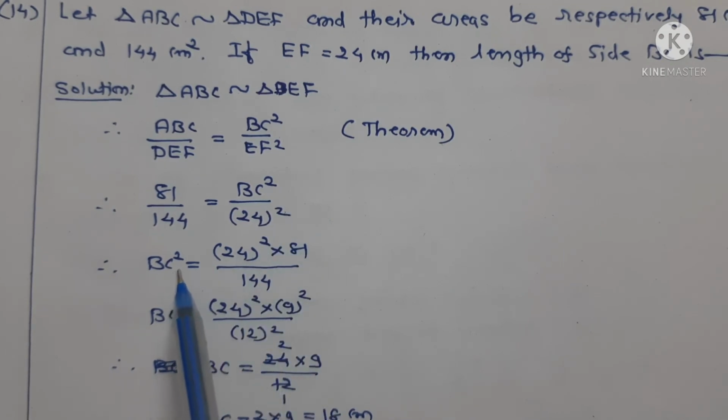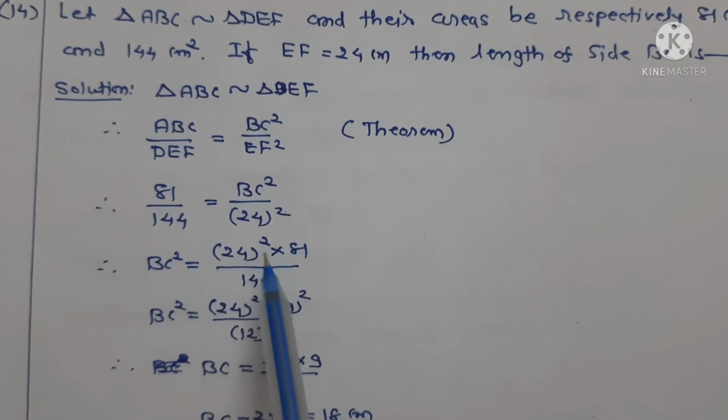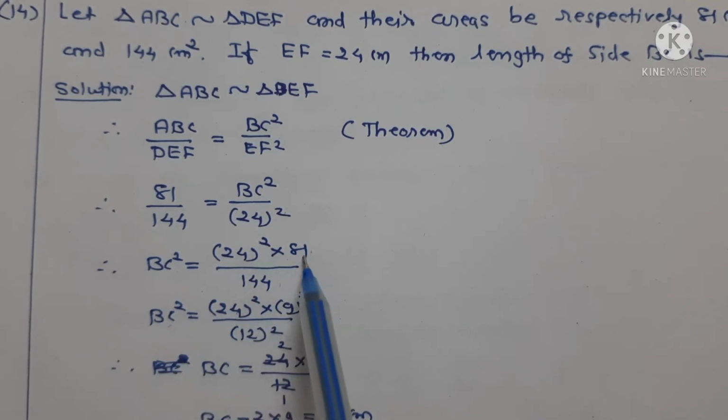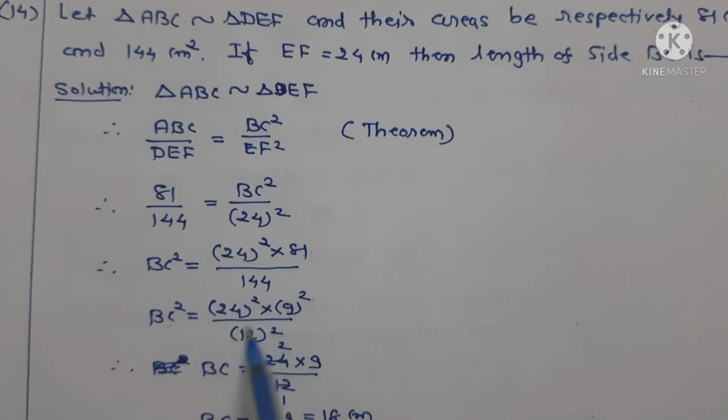Therefore BC square equals 24 square into 81 upon 144. BC square equals 24 square, 81 equals 9 square upon 144 equals 12 square.